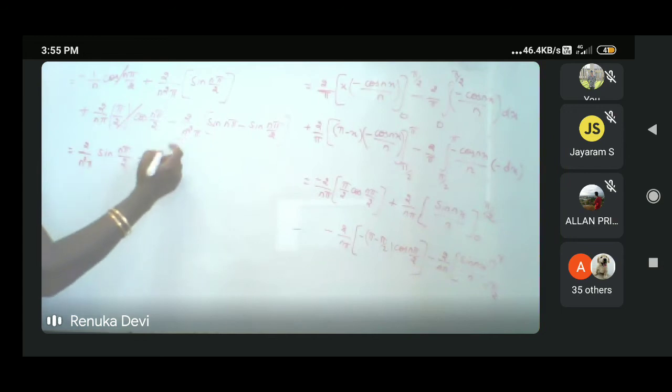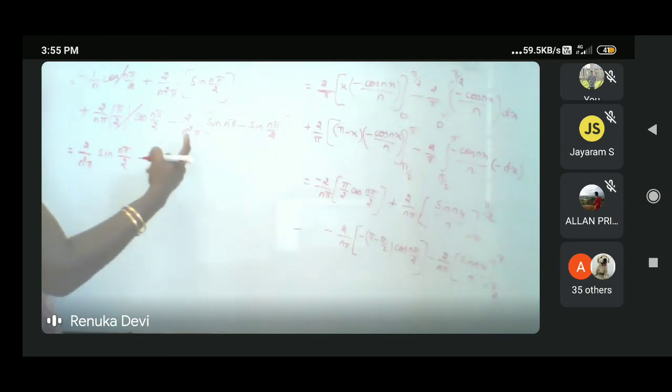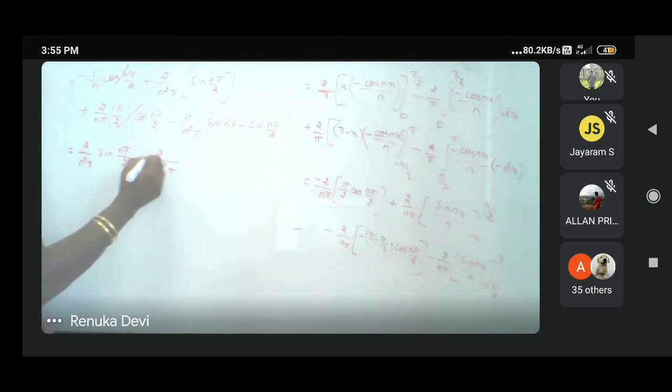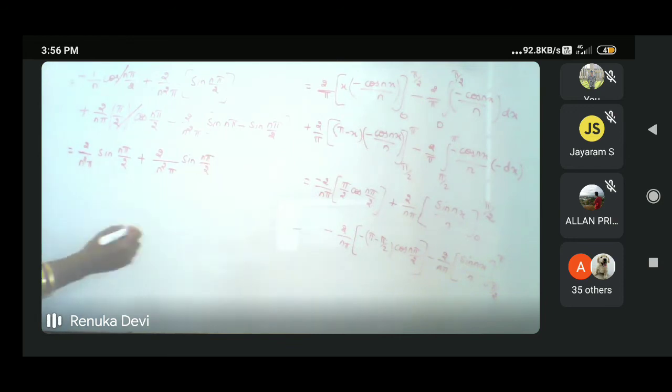Minus this is 2 by n square pi, this sin n pi is 0. So minus of minus plus sin n pi by 2. So what you get? 4 by n square pi sin n pi by 2. So this is your Bn.